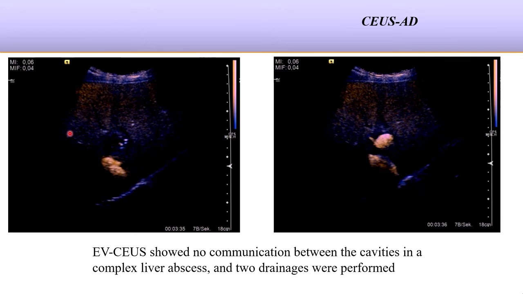This is another patient. He had a complex abscess with 2 cavities. Here was 1 and here was 1. After we injected the contrast agent in this cavity, this cavity was not enhanced, so there was no communication between cavities. And at last, we performed 2 drainages for this patient.